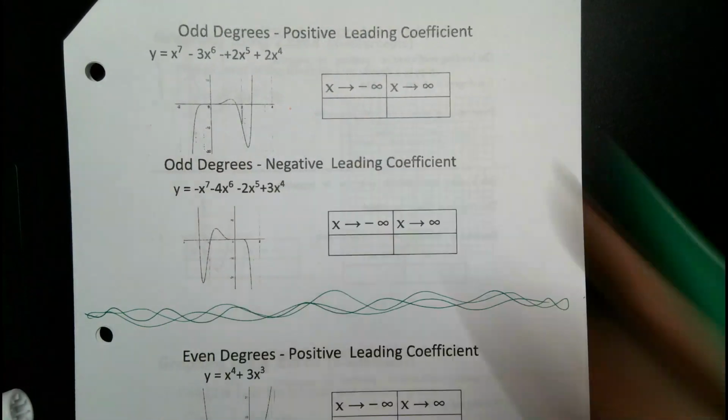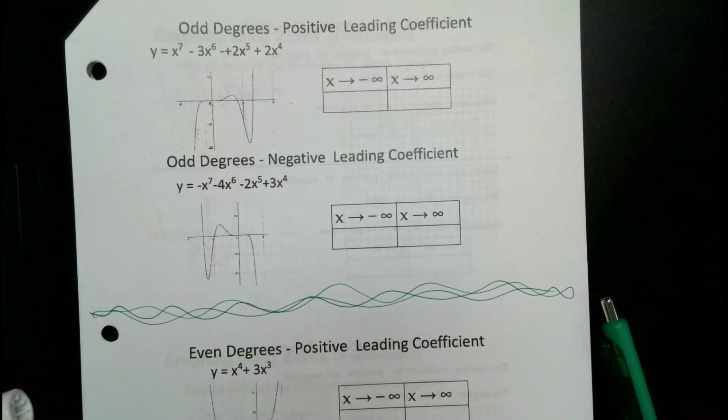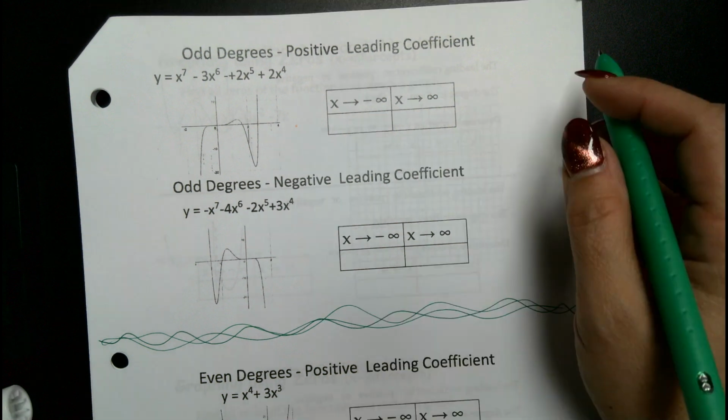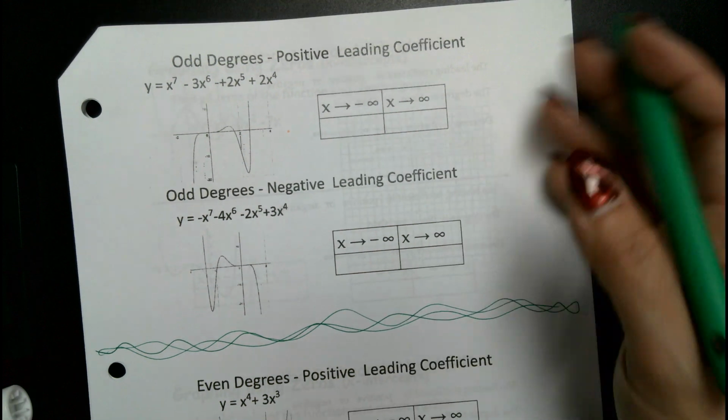The two top ones are odd degrees, meaning the highest exponent is odd, and the bottom ones are even. You guys know a linear equation.